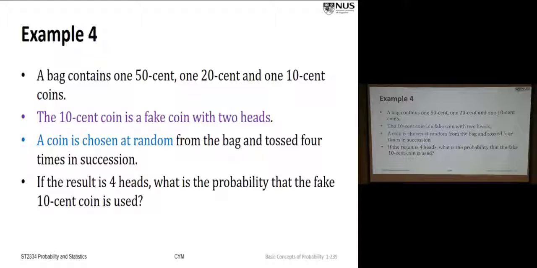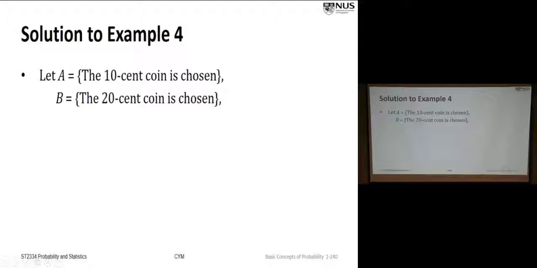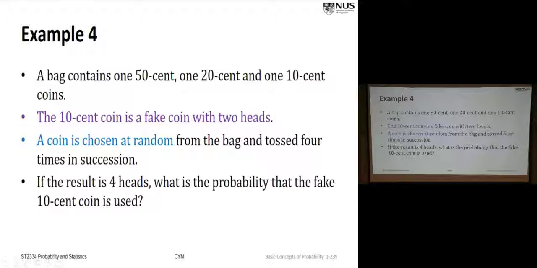All right? So we have different coins, 3 of them. Let A be the 10 cents coin being chosen, B the 20 cents coin chosen, and C the 50 cents coin being chosen. So translated, we are asked, given that we have 4 heads, what is the chance that it is the 10 cents coin?